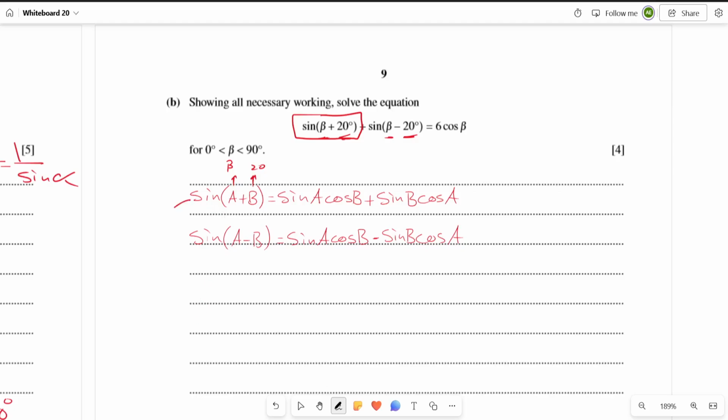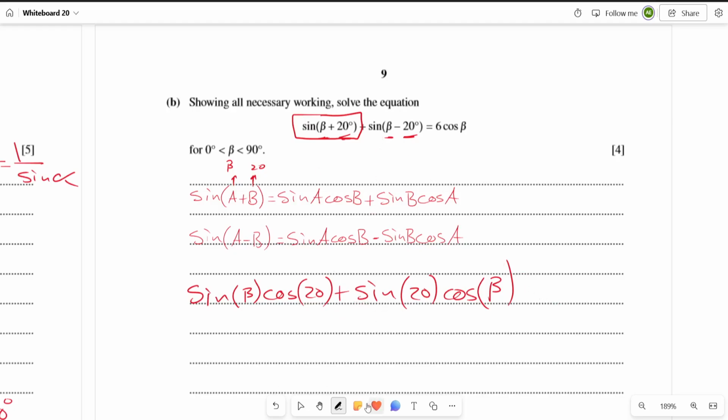So this is going to equal sine A, so sine beta, times cosine B, which is 20, plus sine B, which is 20, times cosine of the first letter, which is beta. Okay, this is the first term over here. I change it into this.